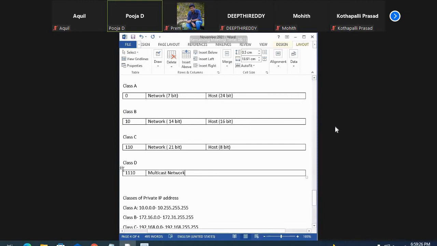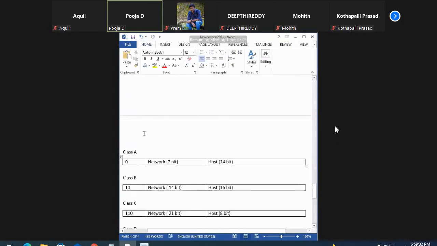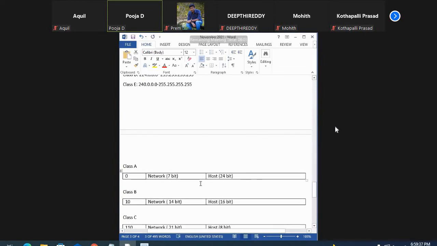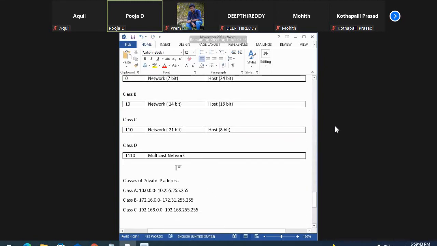And the last one is not that important a concept, just for your information, like how it is divided, how many network bits and how many host bits will be there. So for that information I'm taking this.